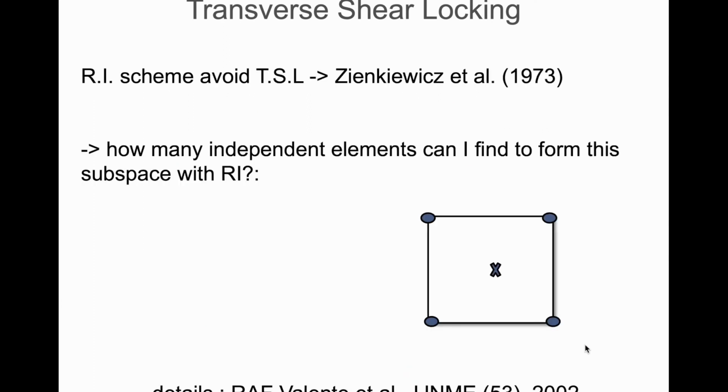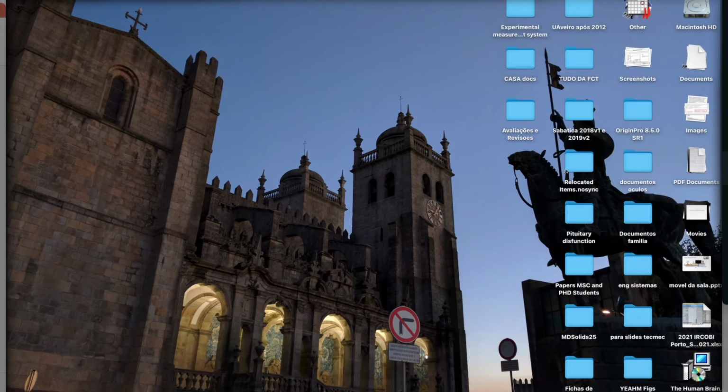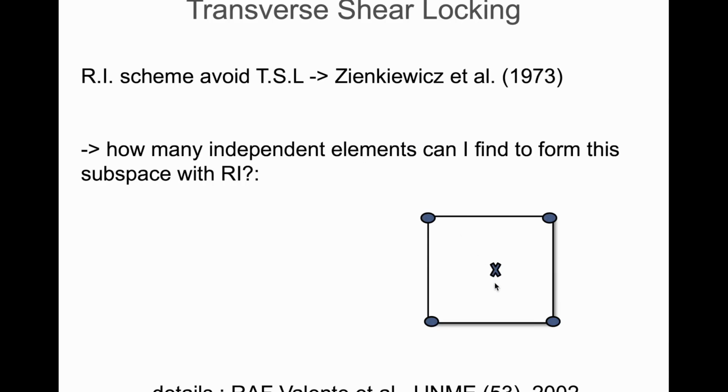And then we are basically going to do the same methodology we did for volumetric locking. So we are trying to find, with the reduced integration element, how many different deformation patterns I can find using the reduced integration. So this is the work of actually our head of department, Robert Valent.